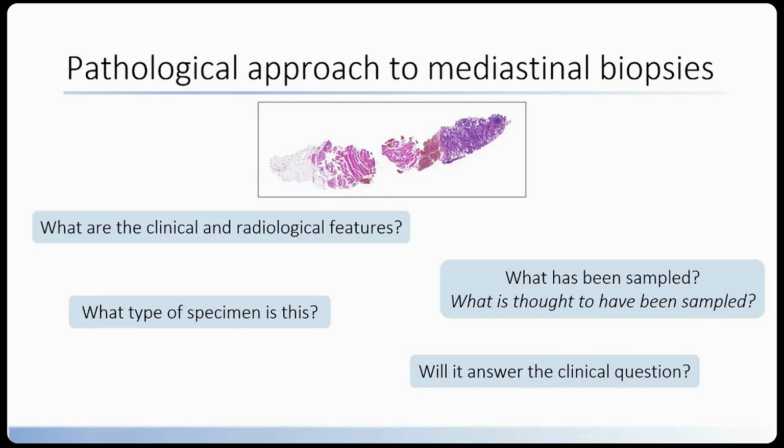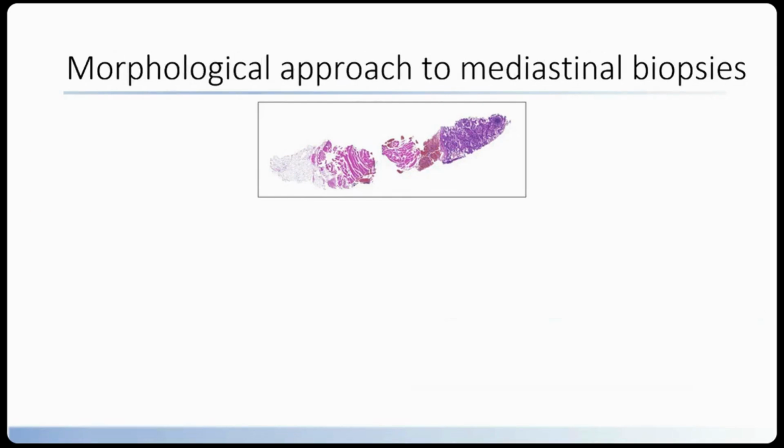But I'll make sure that the slides are circulated afterwards if for any reason there's a problem. So finally, we'll get to the morphology. And this is where I think that having a morphology-based approach rather than a diagnosis-based approach will help you triage and work through your biopsy, leading you to either a definitive diagnosis or to slotting your morphological appearances into a more narrow differential diagnosis.